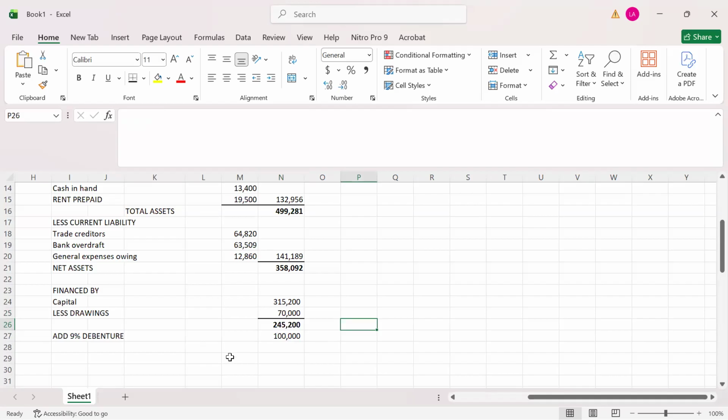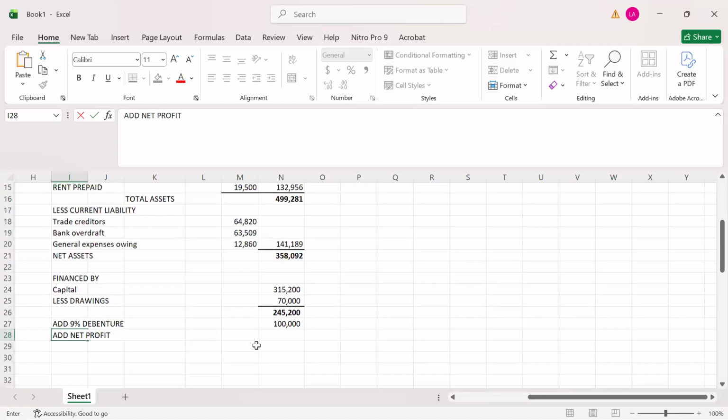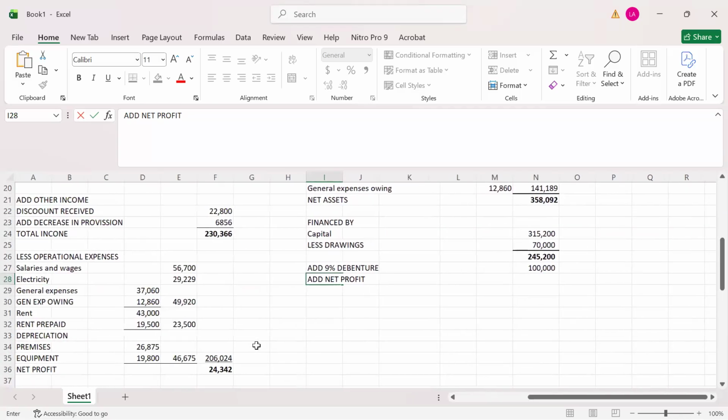Then our next profit that we had, you add the net profit. How much was the net profit? 24342. Okay.